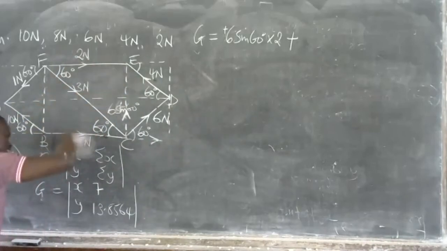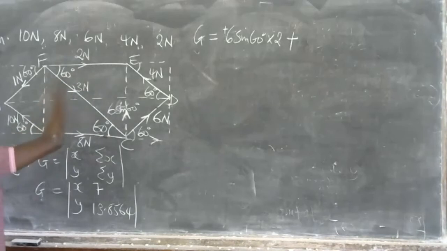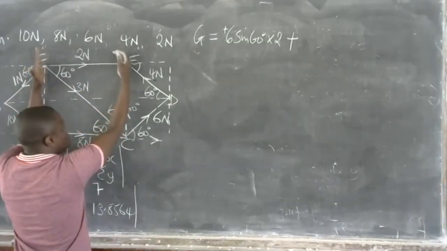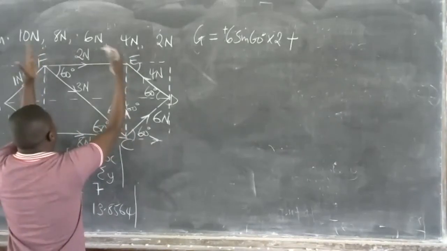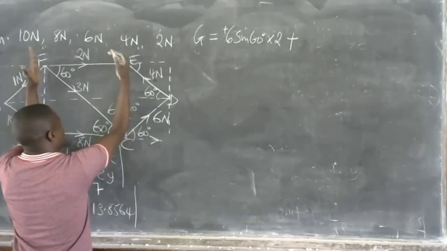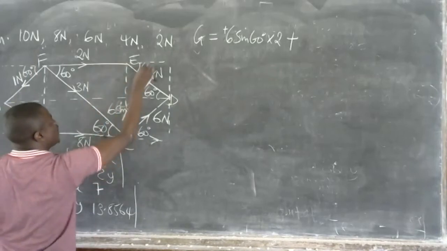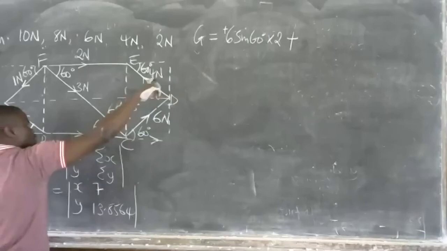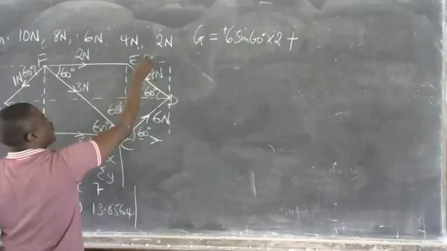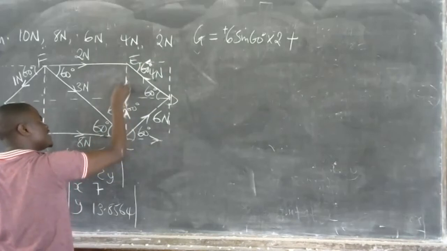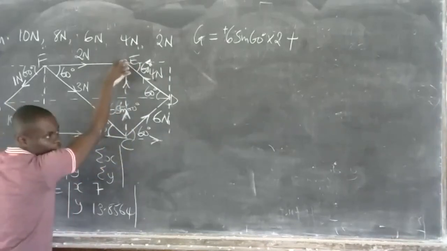The best thing here is to resolve the forces to take components along this inner rectangle. How? Using this point here. You know this is exterior angle 60. So when you resolve 4, the horizontal component is this here, and the vertical component is this, towards the point E.